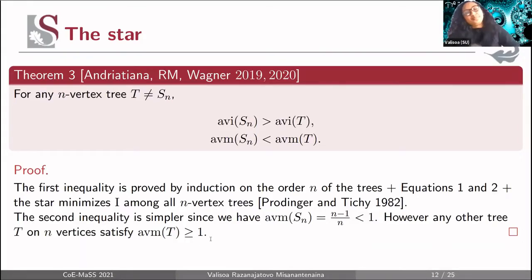And I want to specify here that it's not only for the trees, but for all connected graphs, that the star is the one to minimize the average size of matchings. And we can use a similar argument with only one exception, that C3 has an average size of matchings less than 1, but it's still greater than the average size of matchings of S3.